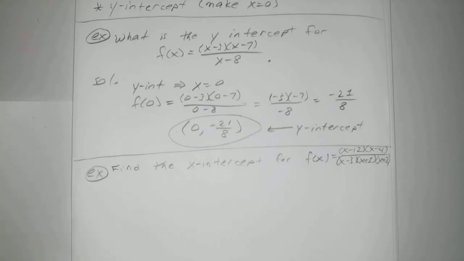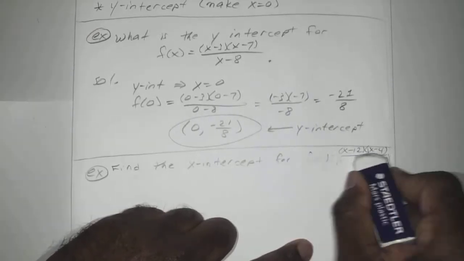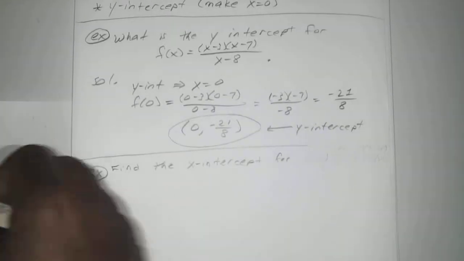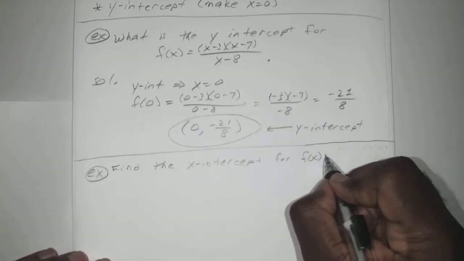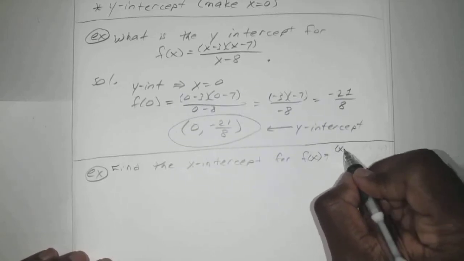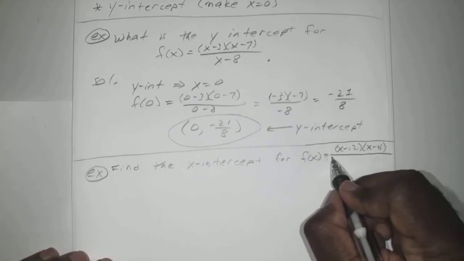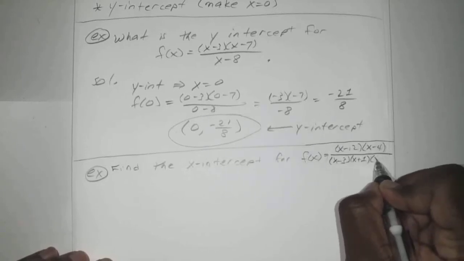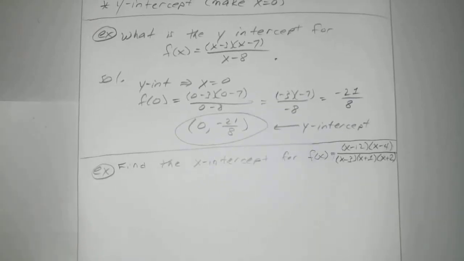What is it in the denominator? X plus 1 and x plus 2. Say x minus 12, x minus 4, x minus 3, x plus 1, x plus 2.